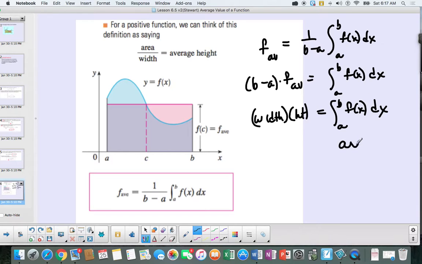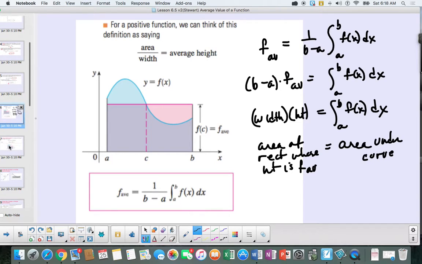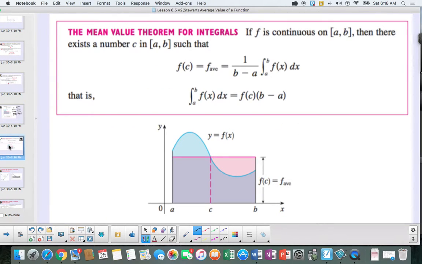So this represents area under the curve, and this represents the area of the rectangle whose height is f average. So that's a way to view f average. All right, this is called the mean value theorem for integrals.